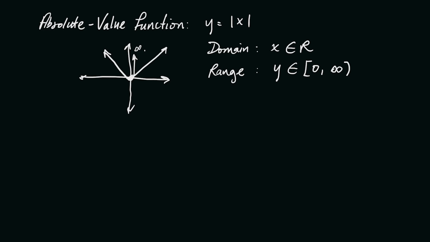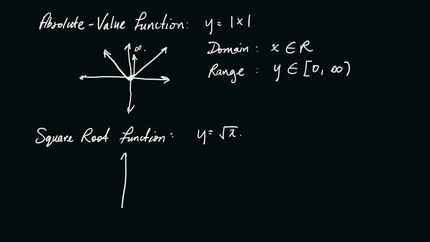Then we have the square root function. Now our square root function would look something like this: y equals the square root of x. On the graph, you only have one side of it, so it's going to look something like this.